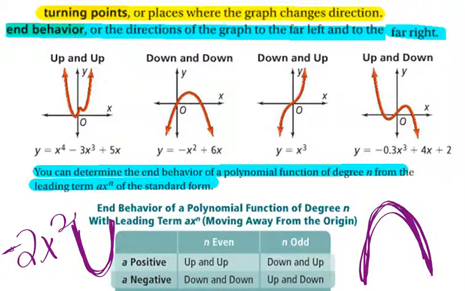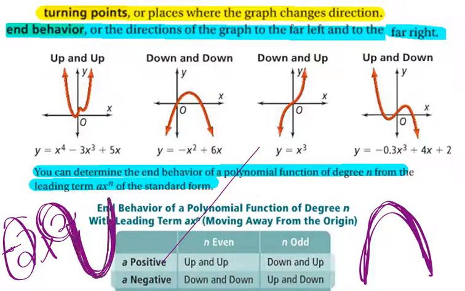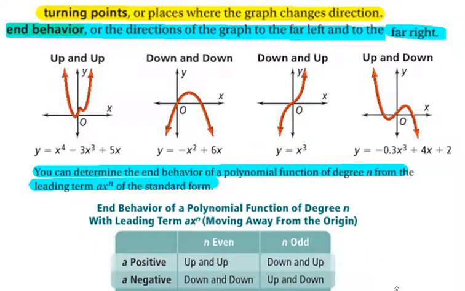Remember that? So that will help you learn your a term. Now, on the powers, if it's just the power of 1, it's a straight line. That's a linear function. If it's a power of 2, it's a quadratic. If it's 3, it's either going to look like this or like this one. It's either going to have a down and up or an up and down for a cube.